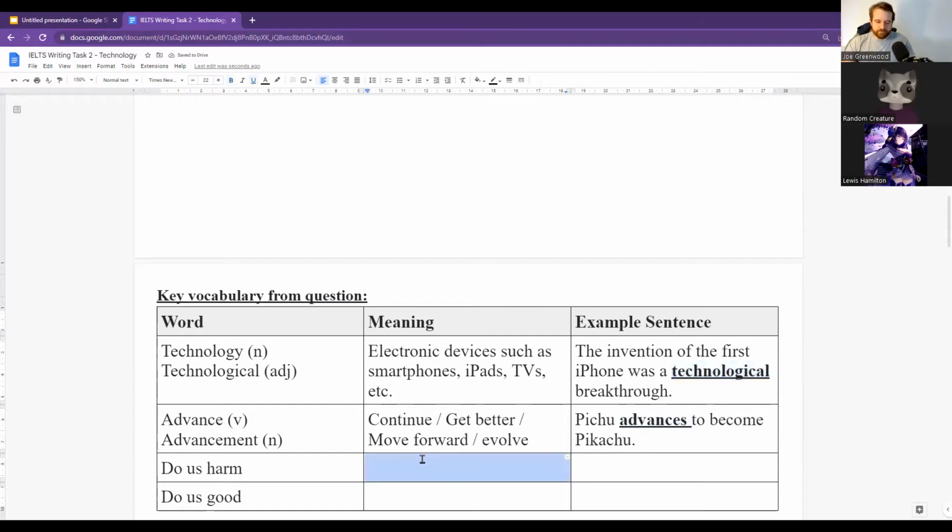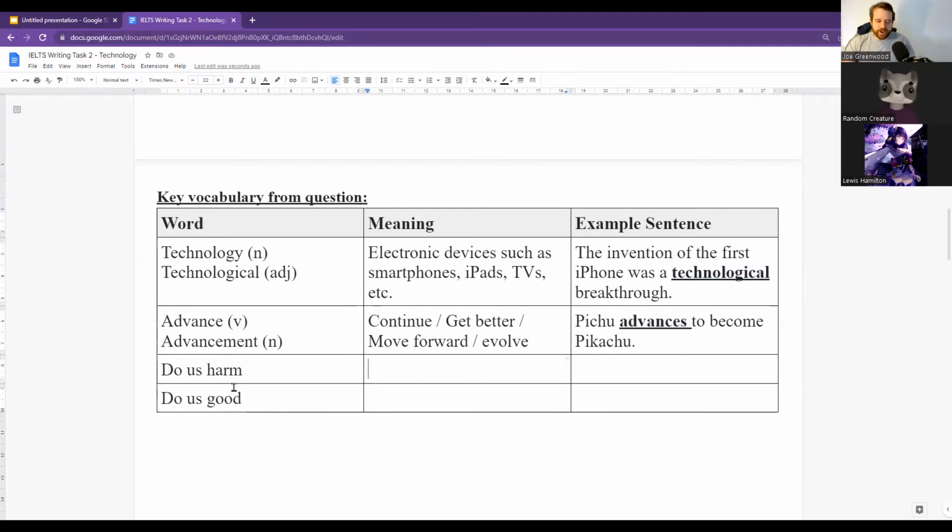Okay, do us harm. That's really obvious what it means, right? So what does harm mean? It's the noun of hurt. Yeah, but it's not literally hurt, right? It's not like your smartphone keeps hitting you in the head. Yeah, the literal meaning is pain.